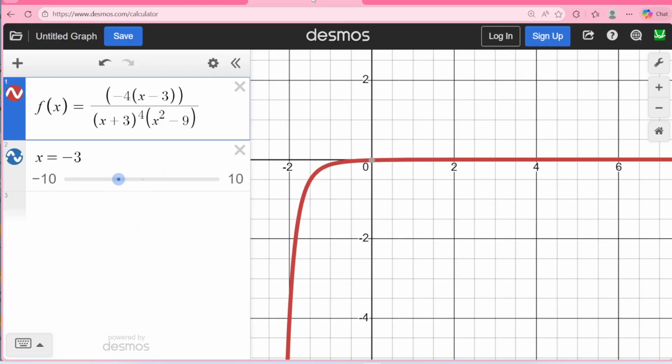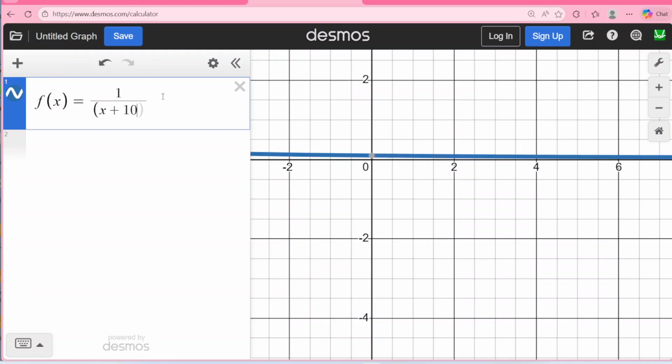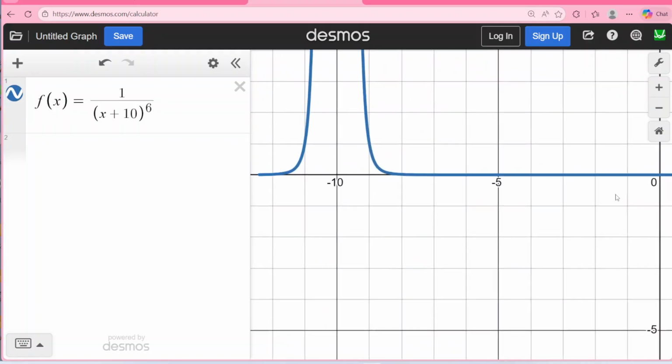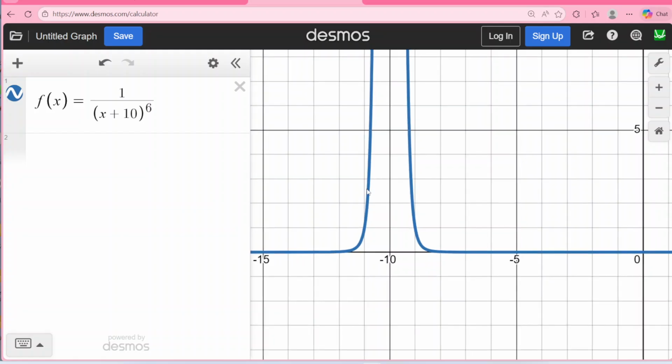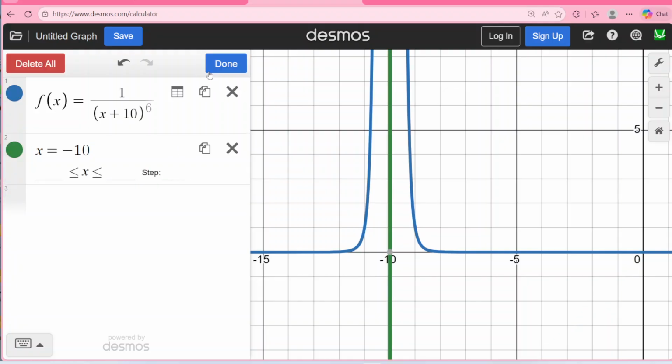Once again, if you wanted to, you could go make a graph of this thing. It was f of x equals 1 over x plus 10 to the 6th power. And if I go over to where -10 is, you see how to the left side of -10, I'll put in x equals -10, make an asymptote out of this, a dotted line.